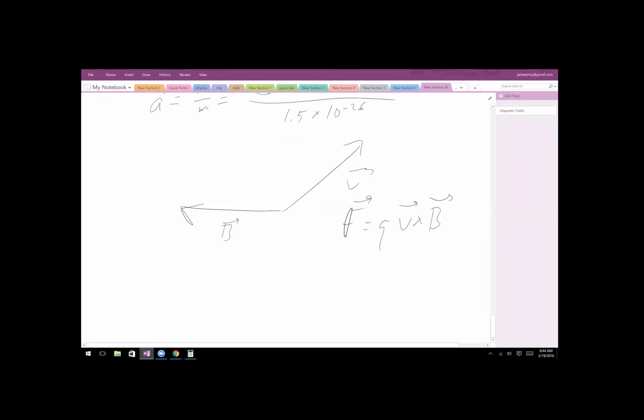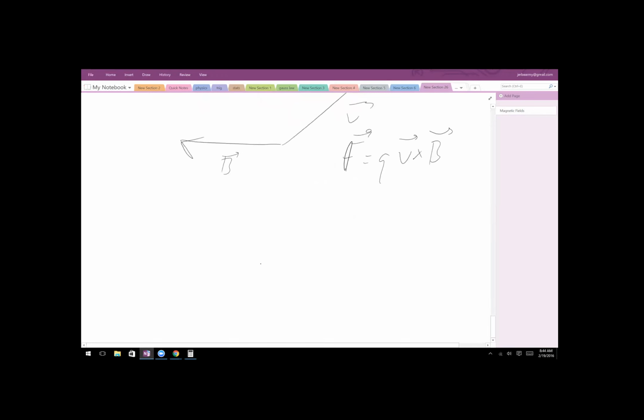So if the V is still here, but now kind of imagine the magnetic field coming straight out of the board, then what direction would the force be? You gotta use your imagination a little bit. So.